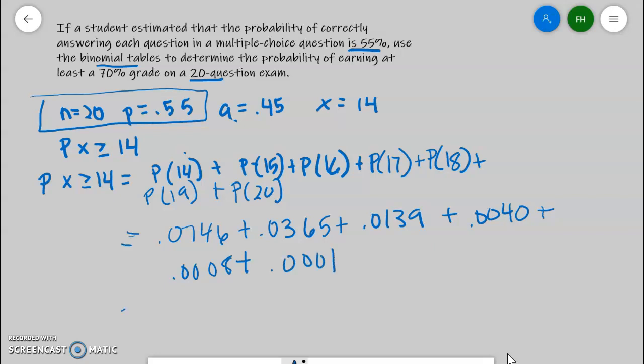So when you add all of those up, let me see what I got. You will get 0.1299. So the probability of getting a 70% or better on this quiz is about a 13% probability.